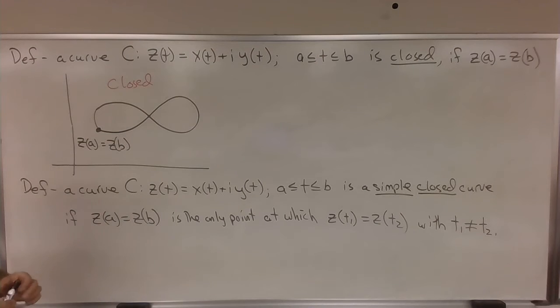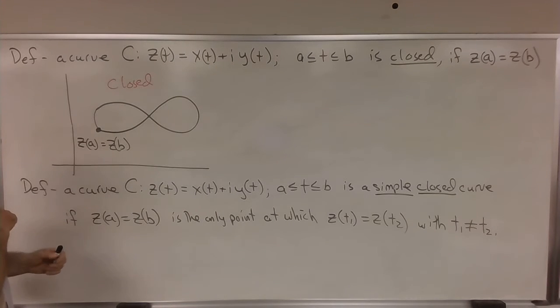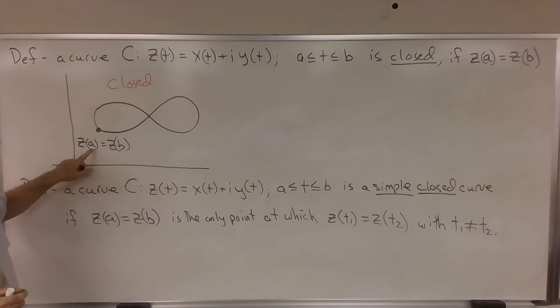So a curve is a simple closed curve if the starting point and the end point are one and the same, and this is the only place on the curve where z of t1 equals z of t2.